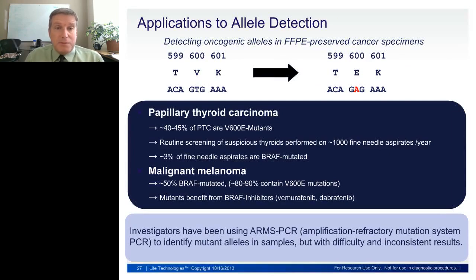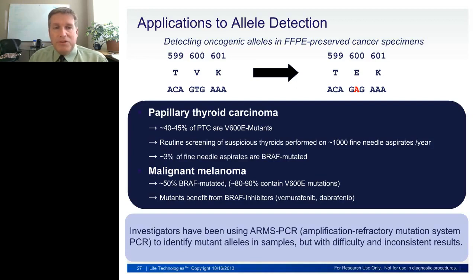The next set of experiments come from Dr. Eric Springer in Mainz, Germany. In this case, he was looking at FFPE-preserved cancer specimens from papillary thyroid carcinoma and malignant melanomas. He was interested in trying to quantify the number of V600E BRAF mutations that he was finding in these different cancer types.